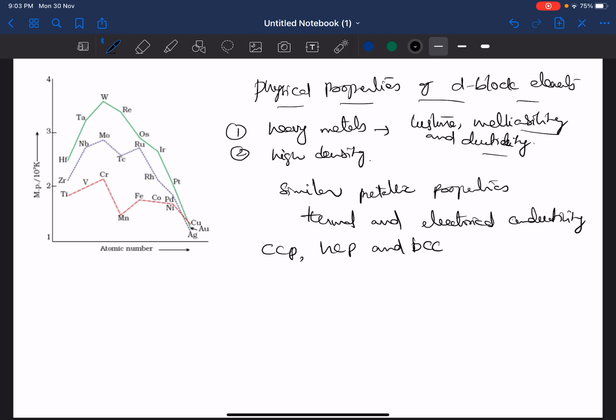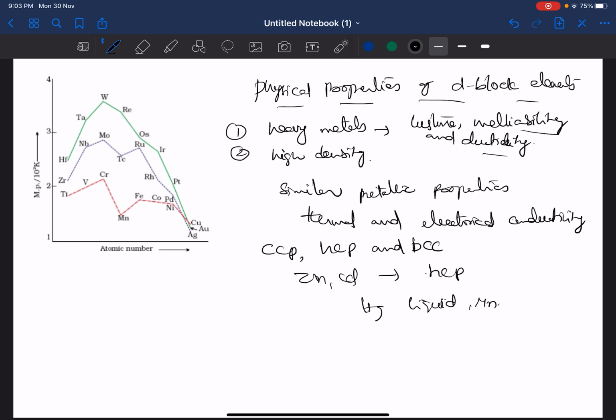And zinc and cadmium, for example, these will show HCP. Mercury is a liquid metal, whereas manganese also shows a peculiar crystal structure.